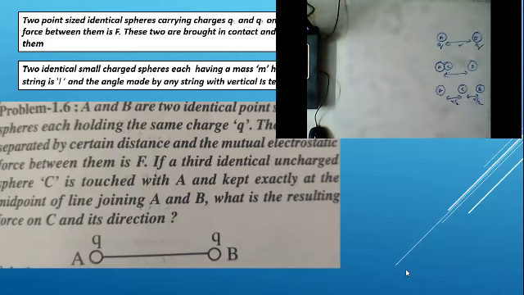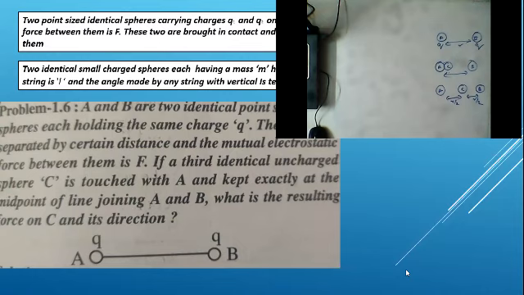Now what is your question, guys? If a third identical uncharged sphere is touched with A and kept exactly at the midpoint of the line joining A and B, what is the resulting force on C and its direction?